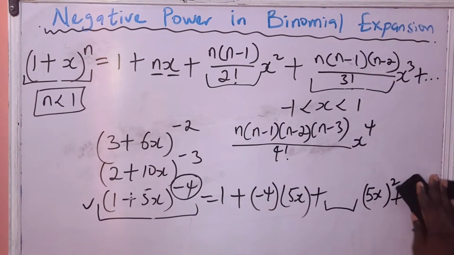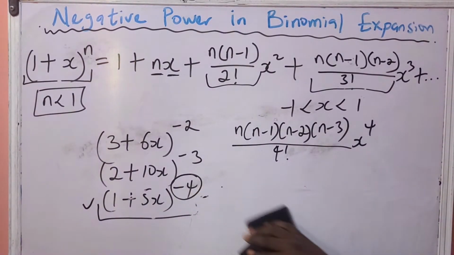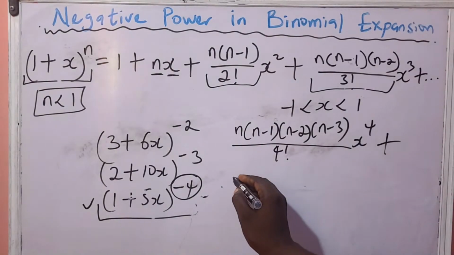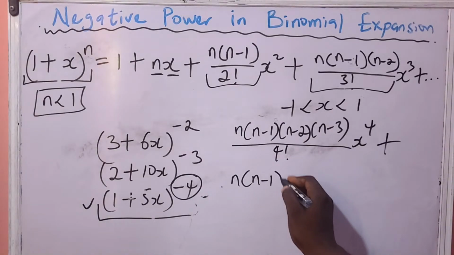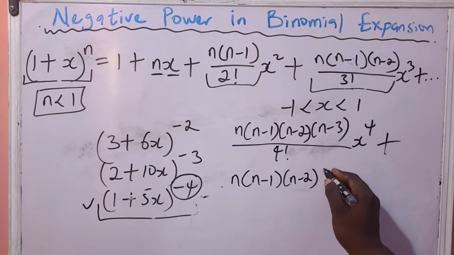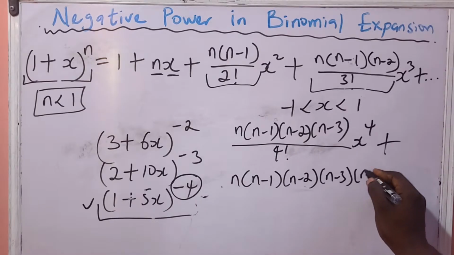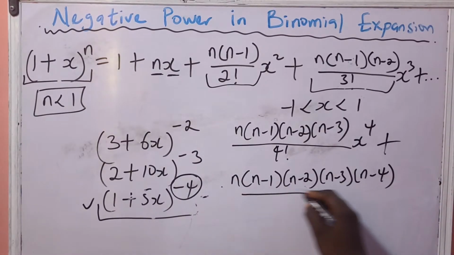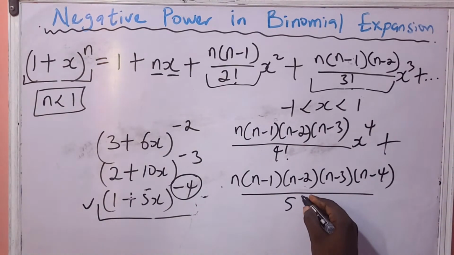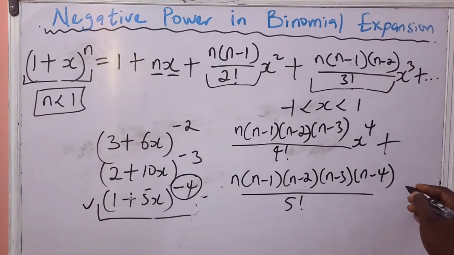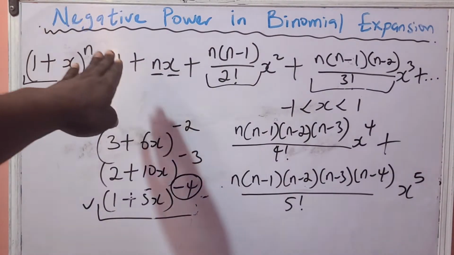Now, if I wanted to write for another term, it will be obviously n times n minus 1, n minus 2, n minus 3, n minus 4 over 5 factorial. You can see that. You understand the format, and it will be x raised to the power of 5. So you just need to understand the way the whole thing is going. The first term is 1, constant.